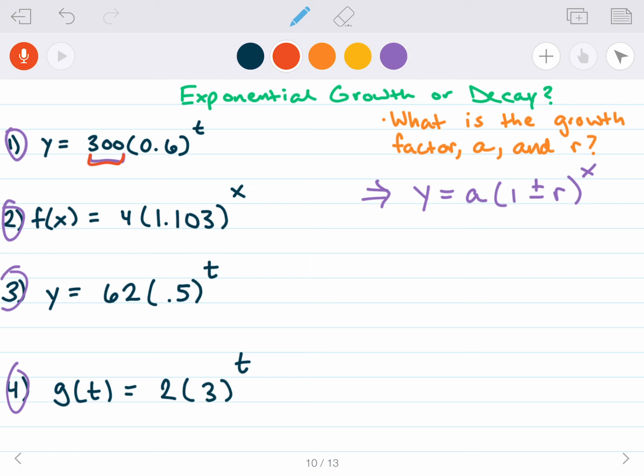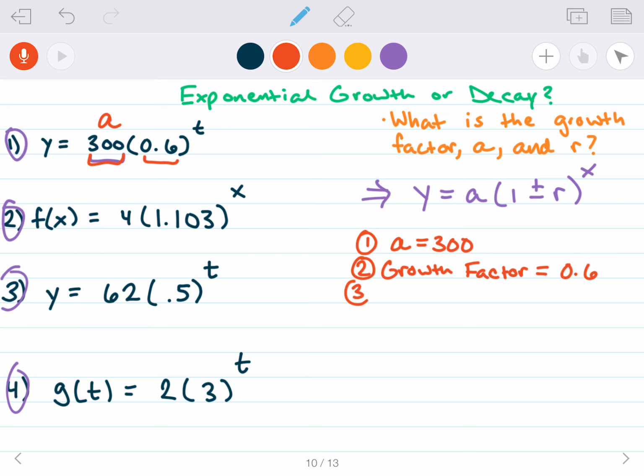So this guy is in the front, so we know that 300 is going to be a. A equals 300. That's my starting value, my initial value. Our growth factor is going to be this number in the parentheses, which is 0.6.